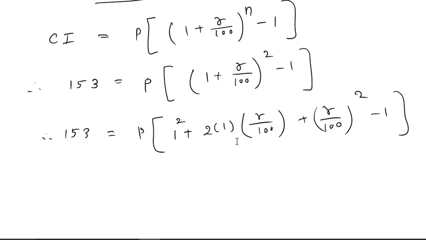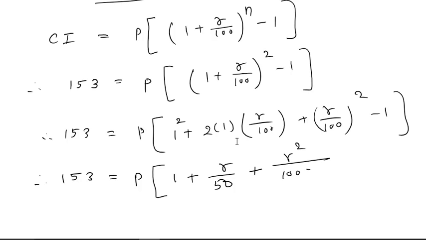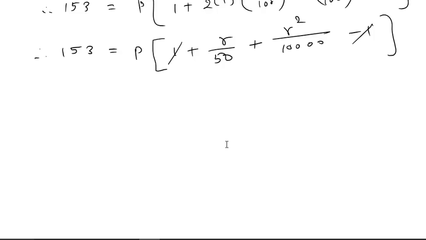So 153 is equal to P into 1 plus 2R upon 100, that is R upon 50, plus R square upon 100 square, which is 10,000, minus 1. So this 1 and this 1 will cancel. Now I open this bracket and multiply with P, so it becomes PR upon 50 plus PR square upon 10,000.